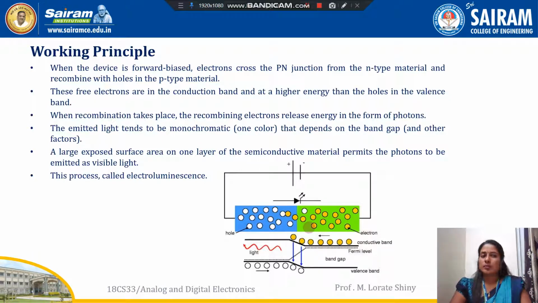These free electrons are in the conduction band and holes are in the valence band. So this starts the recombination process. During the recombination, the electrons release energy in the form of photons. The emitted light tends to be monochromatic, meaning it will be in a single color. A large exposed surface area on one layer of the semiconductor material permits the photons to be emitted as visible light. These are about the working.